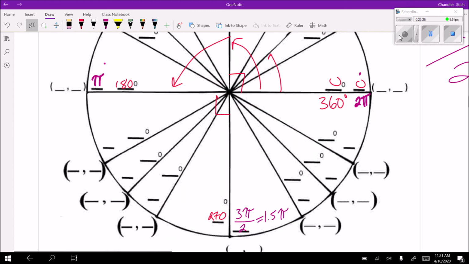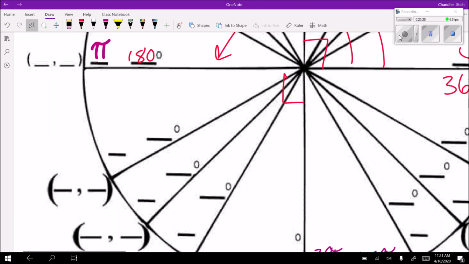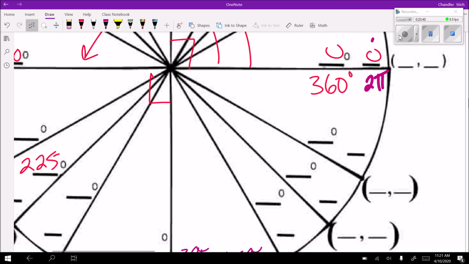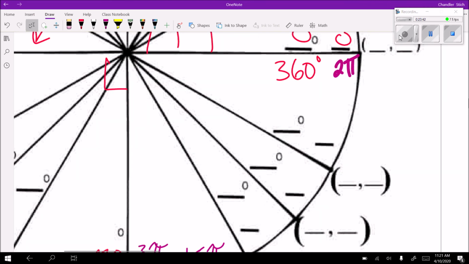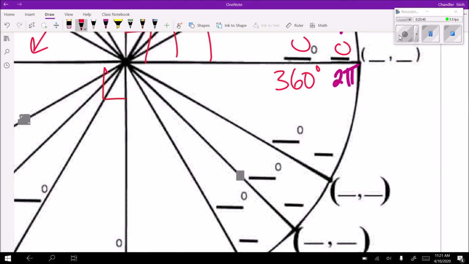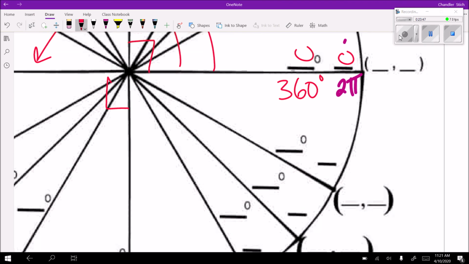Down here, for the sake of time, I'll speed this up a little bit. We would have 225. Okay, and over here, we would have 315, or 315 degrees.